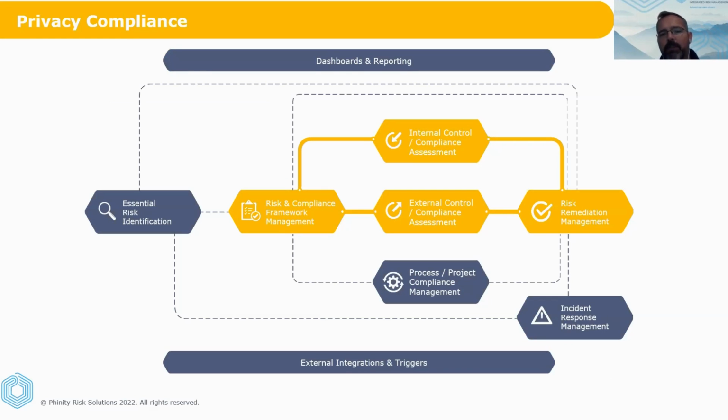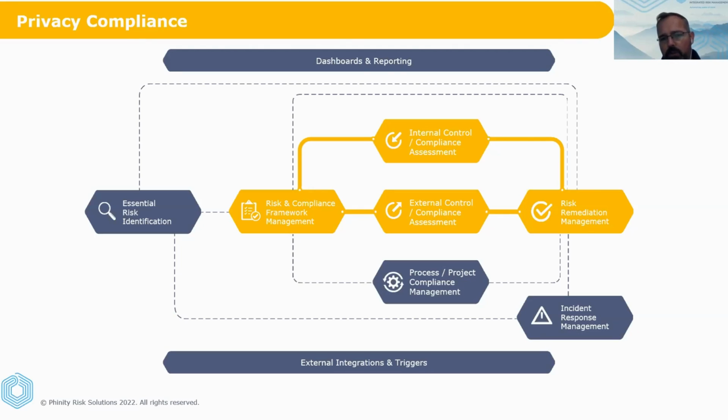So how does privacy compliance fit into the rest of the Phinity platform? As you can see, when you really think about it, Phinity covers a number of really core aspects of the internal privacy requirement, because firstly, it allows you to create that inventory of assets.